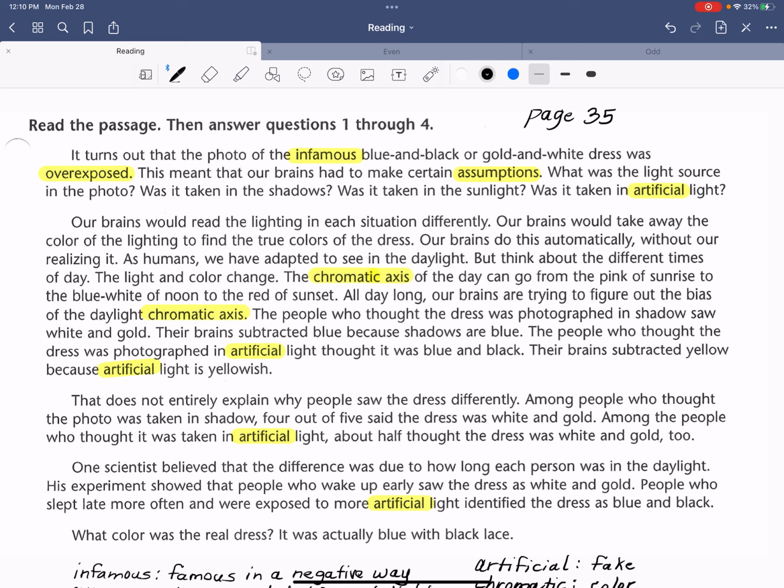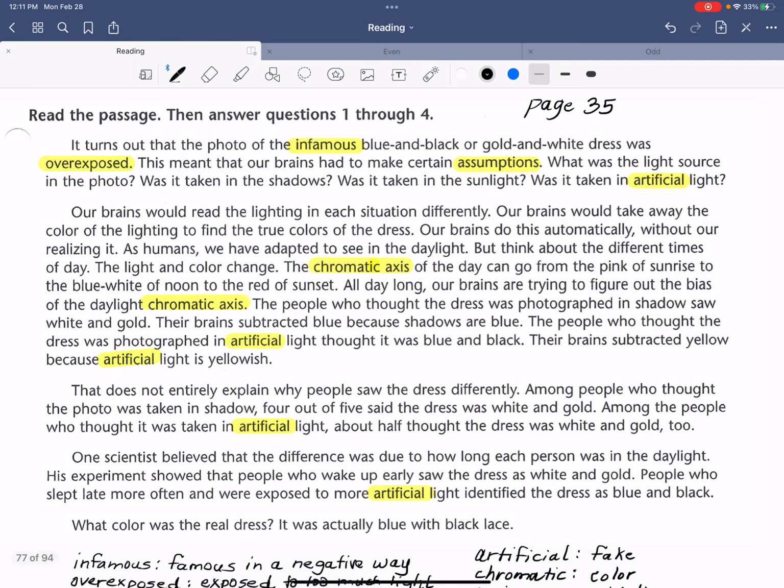Our brains would read the lighting differently. Our brains would take away the color of the lighting to find the true colors of the dress. Our brains do this automatically without our knowledge. As humans, we have adapted to see in daylight, but daylight can be different times of day. It can be early morning or noon or sunset, and our brains are able to distinguish different times of daylight.